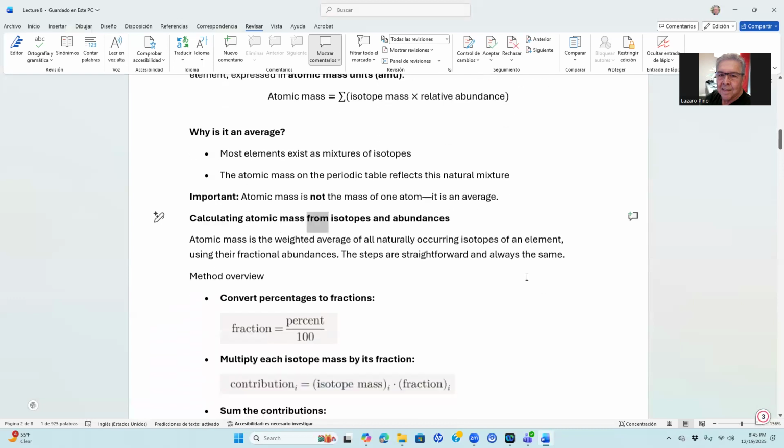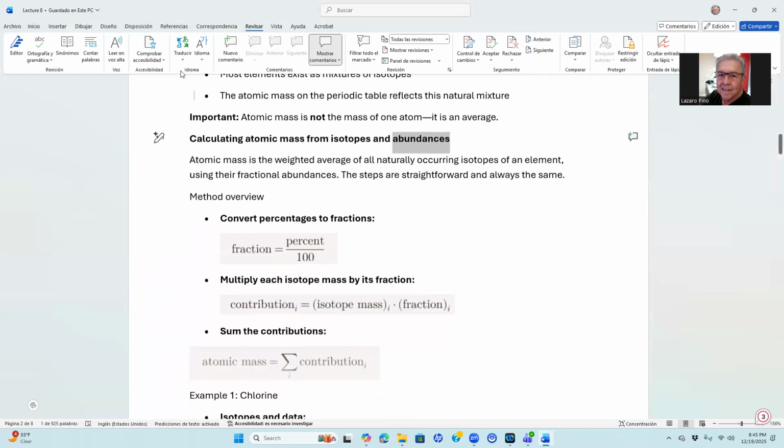Calculating atomic mass from isotopes and abundances. Atomic mass is the weighted average of all naturally occurring isotopes of an element, using their fractional abundances. The steps are straightforward and always the same. Method overview. In order to convert percentages to fractions, the fraction is the percent divided by 100.